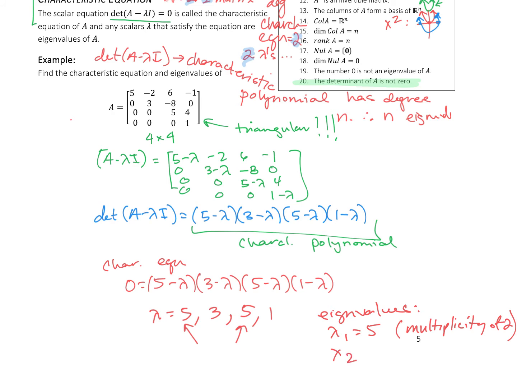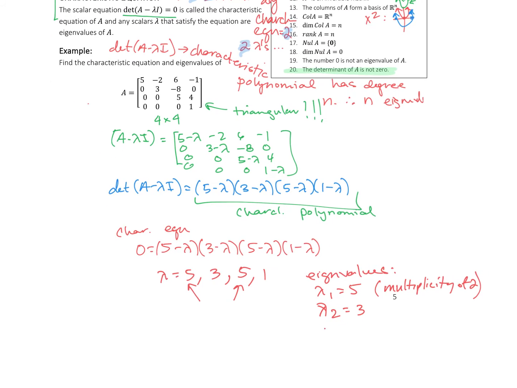Lambda 2, oh, that's not a lambda anymore, is 3, and lambda 3 was 1. Okay. Now, if you count up, based on this, I have 1, 2, 3, 4 eigenvalues total, or 4 that satisfy a 4th degree polynomial, which satisfies a 4x4 matrix. Yeah, go get it. Okay.